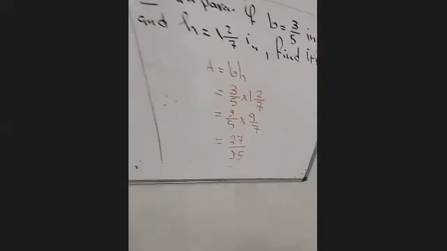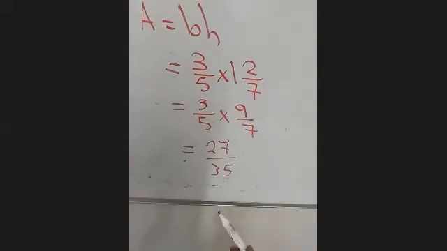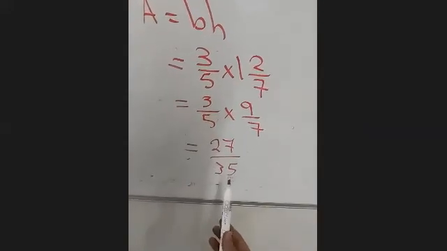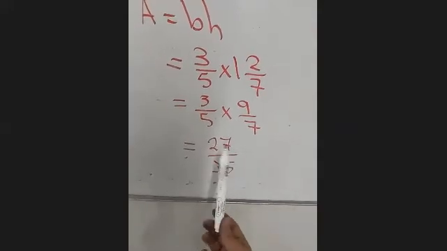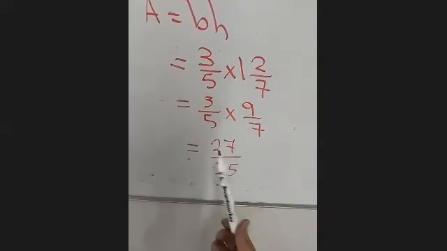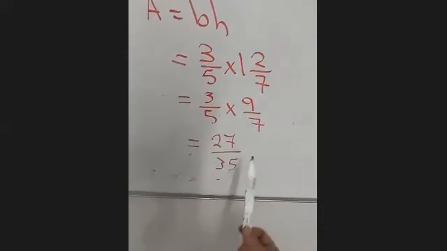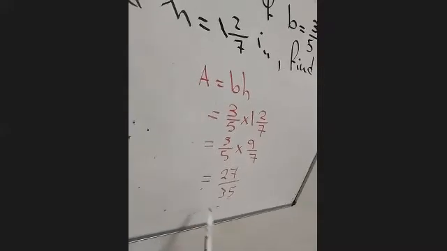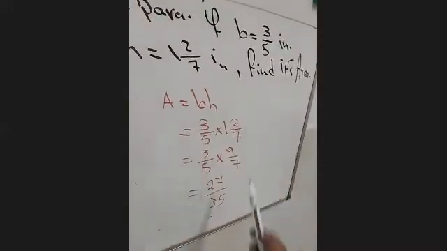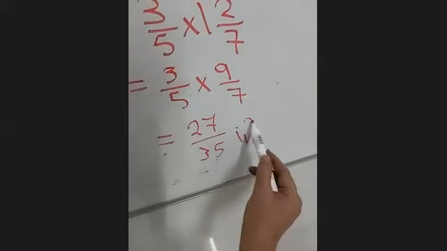Now 27/35, is it in simplest form? The 35 has 3, 5 and 9 and 7, right? The 27 only 3 and 9. So there is no common factor, we cannot simplify. And up is less than down, so this is in simplest form. And the unit is what? The unit is inches to the power of 2.